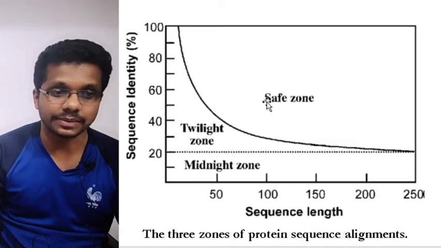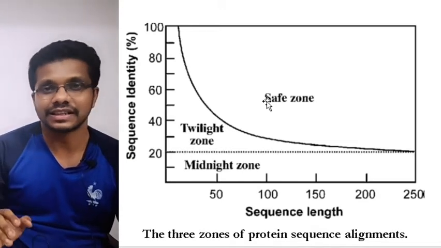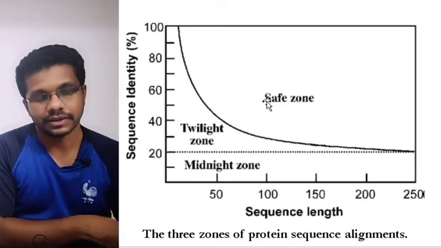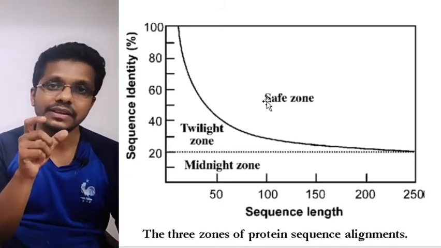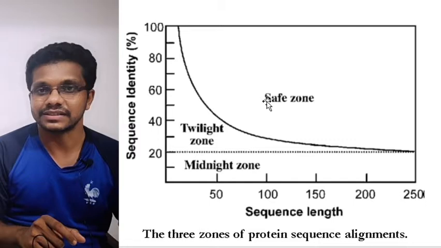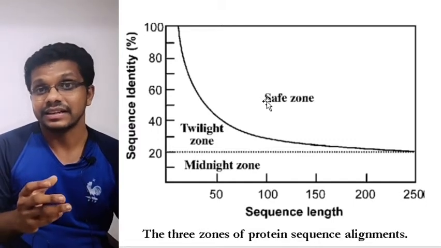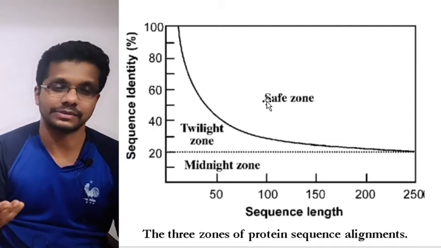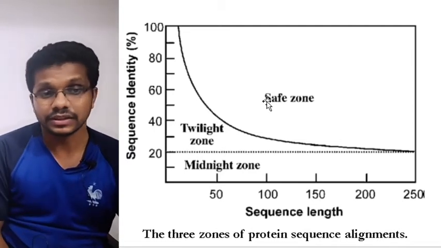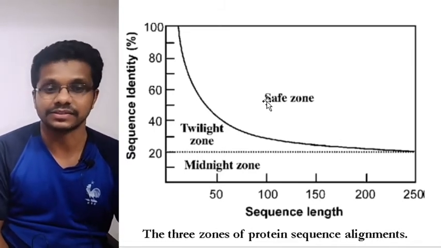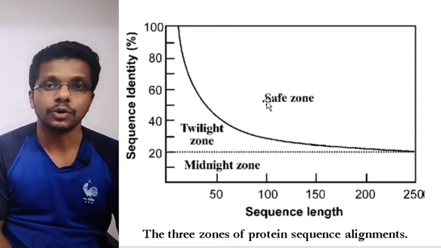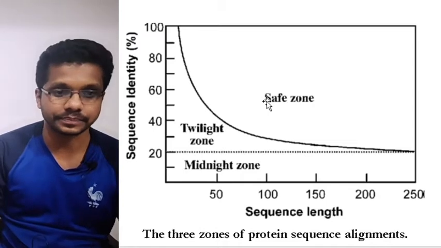If it has a similarity of 50 percent, we can surely say that this similarity is due to evolutionary relatedness between the sequences. So the point is that if the length of the DNA sequence is less, there is a chance that dissimilar sequences show similarity just because of random chance. So there is a threshold based on the sequence length to identify whether they are showing a true similarity or one due to random chance.